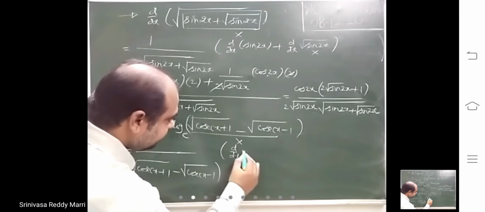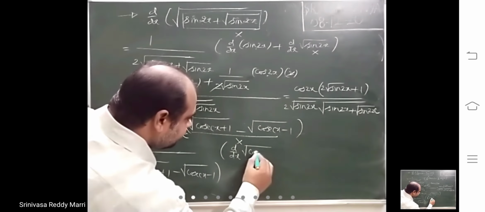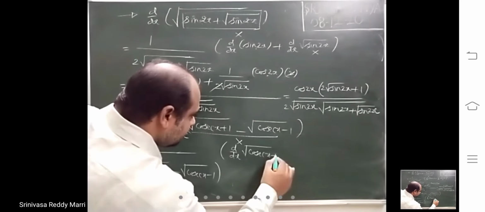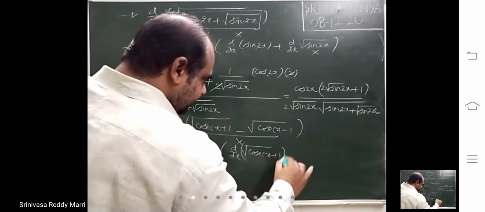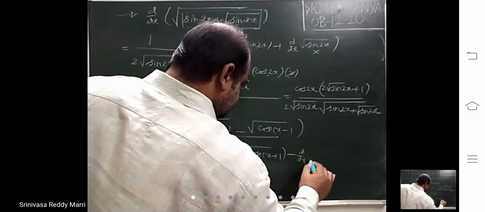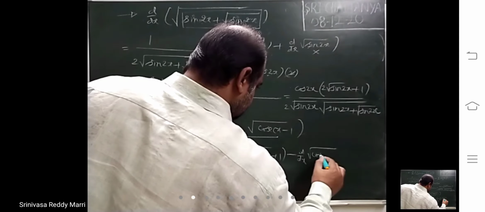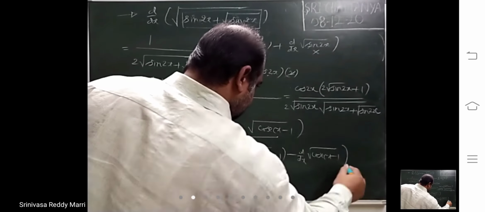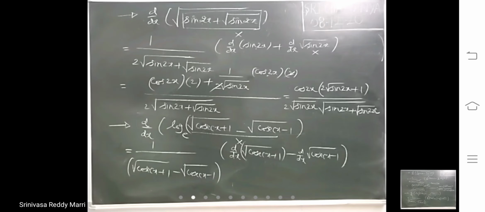That means d by dx of root of cosecant x plus 1 minus d by dx of root of cosecant x minus 1.